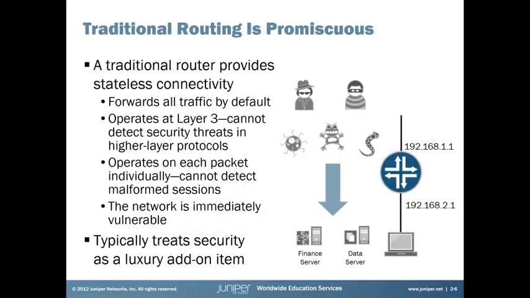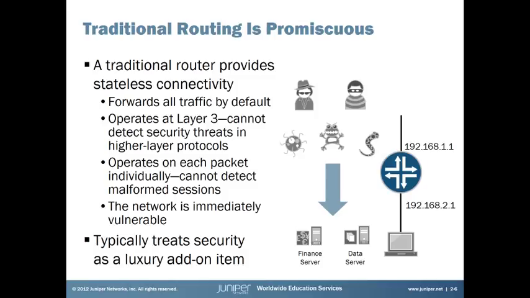These are things that we covered last term, so this is nothing new. A traditional router provides stateless connectivity. It forwards absolutely everything that it can forward. It operates at layer 3 and cannot detect security threats in higher layer protocols; it doesn't really look at anything.